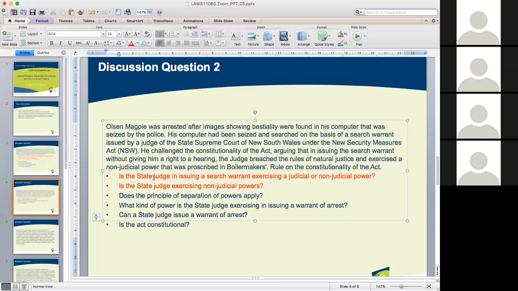That is a different question because you are forced to try to define what a judicial or a non-judicial power is. Can you see the distinction there?